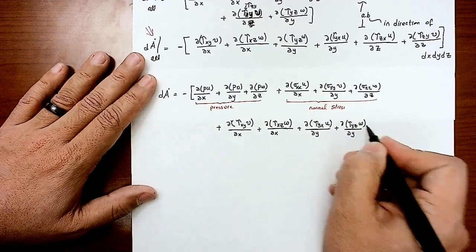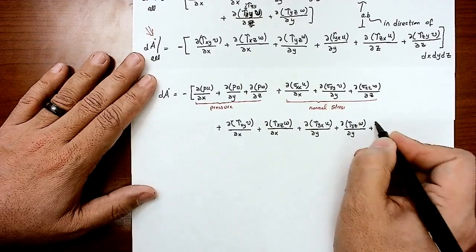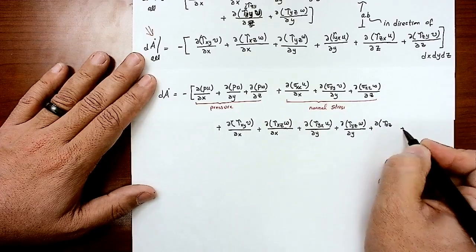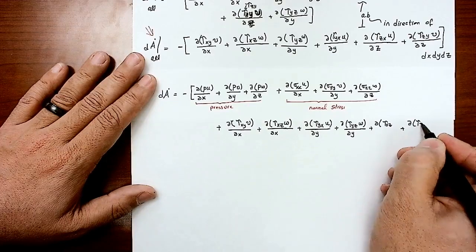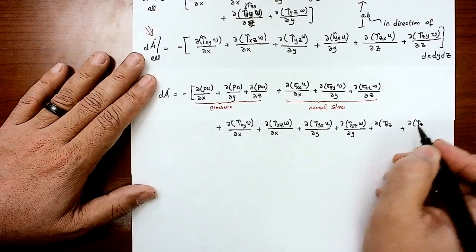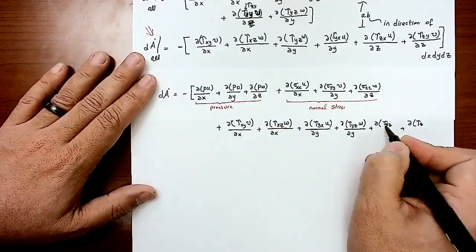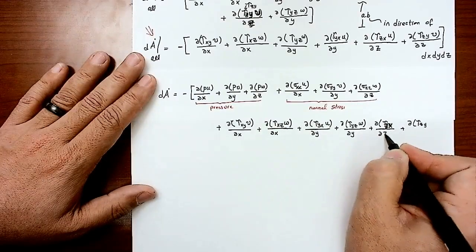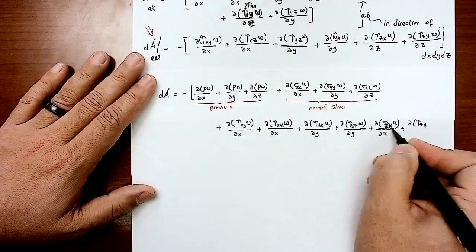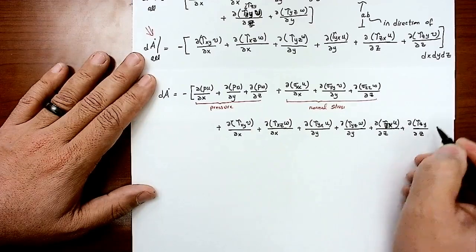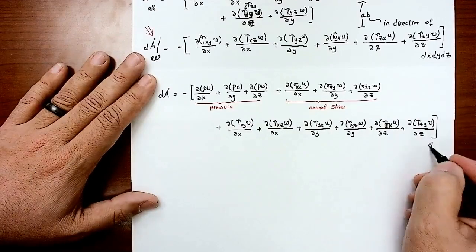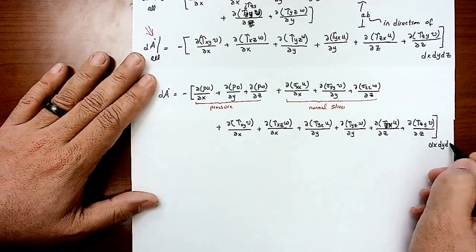It's going to be w plus partial, the last two is tau zx and tau zy. This will be by partial z in u velocity here. This will be by partial z times v velocity here. And this is totally multiplied by dx, dy, dz.